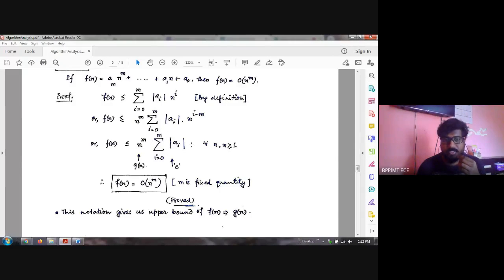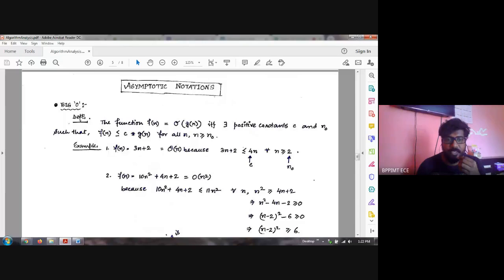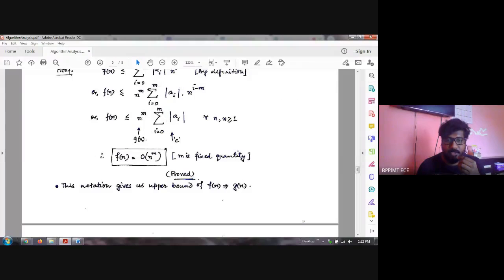We can think of this overall summation portion as a c in the formula f(n) less than or equal to c g(n). So c is the constant part, the summation over mod of ai, multiplied by a variable part, n to the power of m, which we can think of as g(n). So it is in the form c into g(n): f(n) less than or equal to c into g(n).